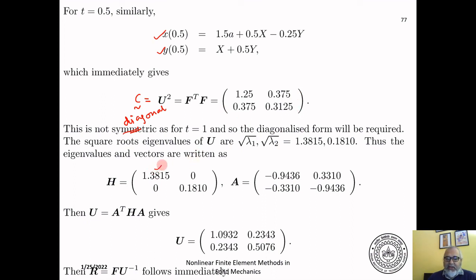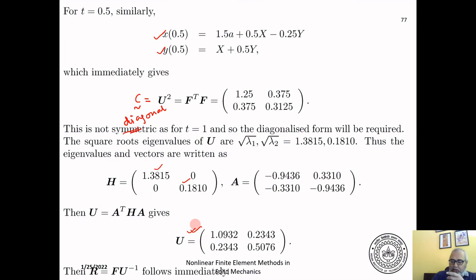So these are the eigenvalues of C, and sorry, the squares of these are the eigenvalues of C, and these are the eigenvalues of U, and these are the eigenvectors of both C and U, and you do the transformation to get now U in the xy coordinate system, and as usual R is F U inverse.